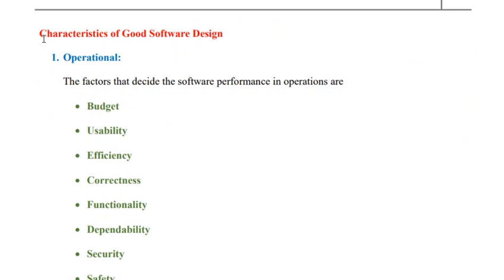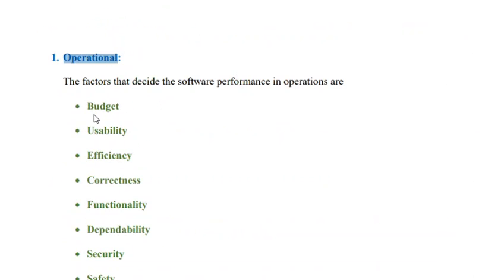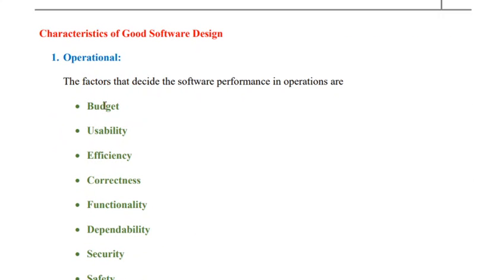Now let us try to understand some of the good characteristics of software design. They can be categorized into operational, transitional, and maintenance. In the operational category, we have budget: a good design should be capable of reducing the overall cost of implementation.